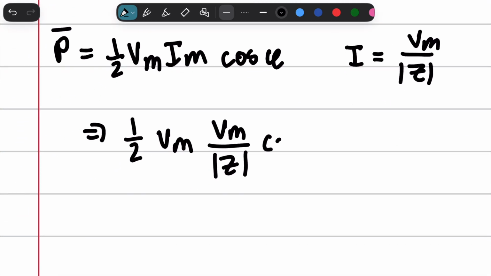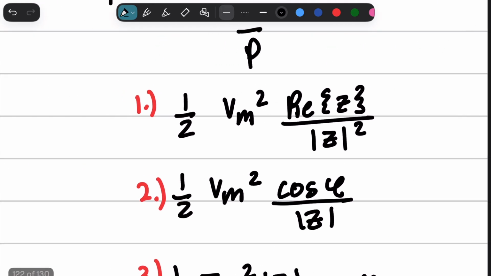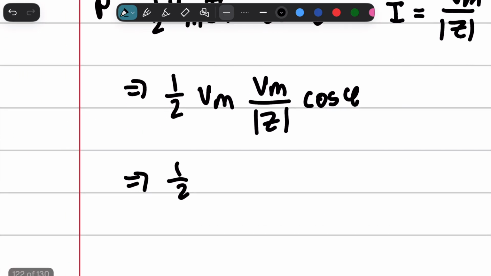And we have our power factor right here. So actually, we've derived not just this one right here, but we've also derived this one right here, where it only has just the magnitude of the complex impedance.